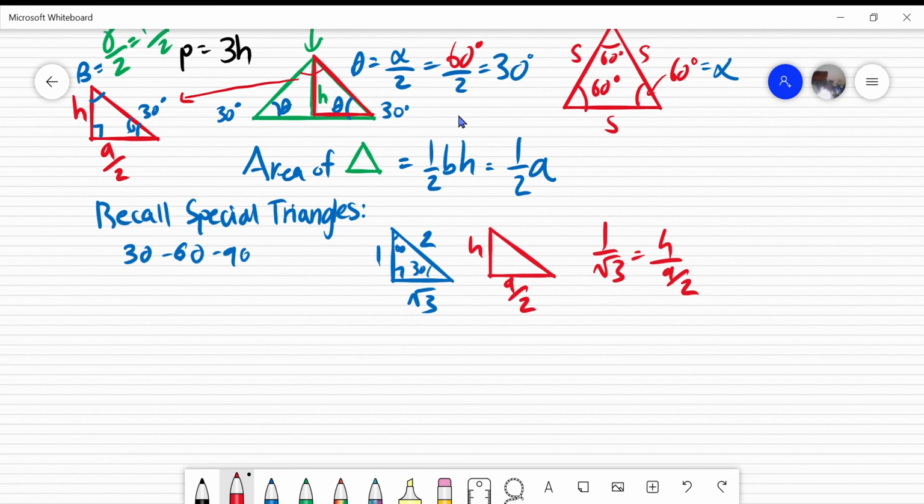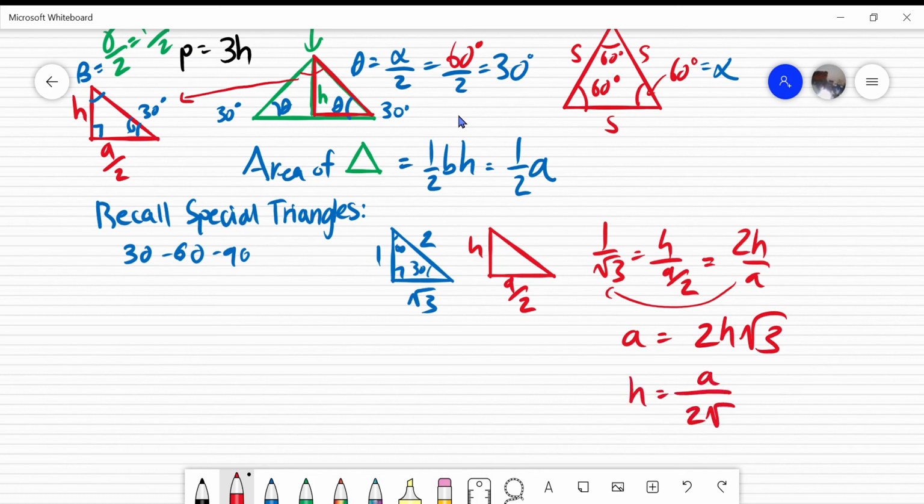Well, this is going to be 2h over a, right? So we can multiply this side by a, and we'll find that h is equal to a over 2 root 3.